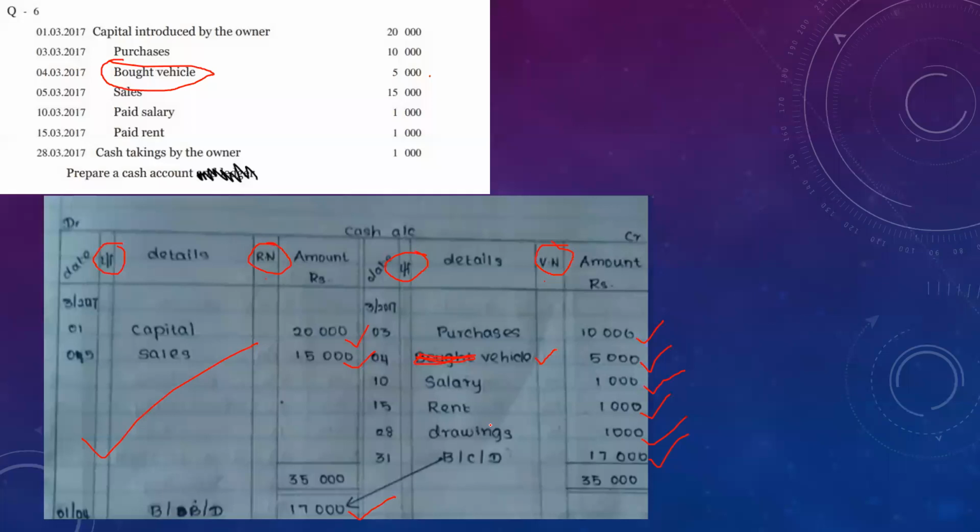So if you buy a vehicle or furniture or whatever machine or building, you have to write only the name: vehicle, furniture, building, computer, like that. You can't use the word purchase for non-current assets, that means assets which are not stock.